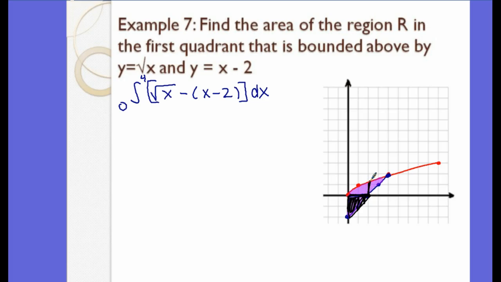So all I need is to bound this graph from the red to the x-axis, which is a normal area under a curve. So you have to split your integral so that it is only 0 to 2 for the square root of x, and then add to it 2 to 4 for right minus left.